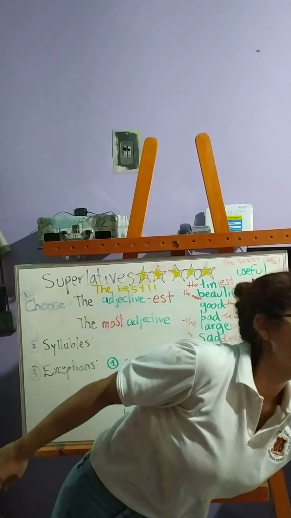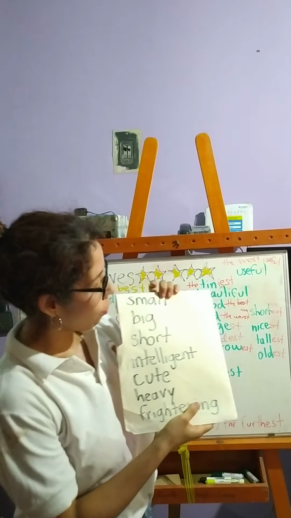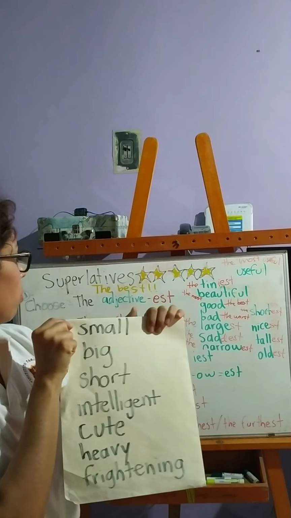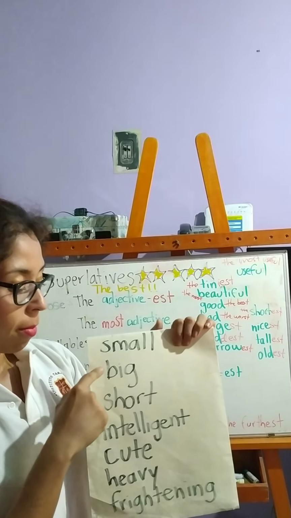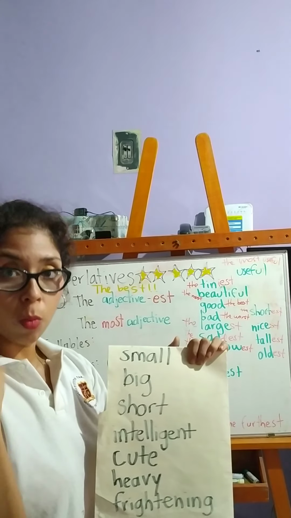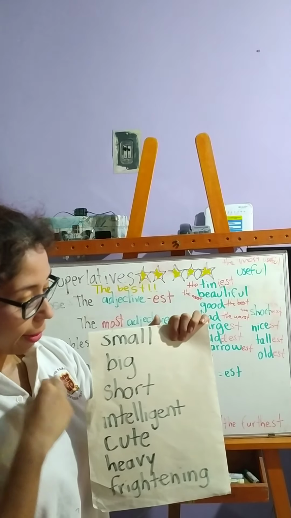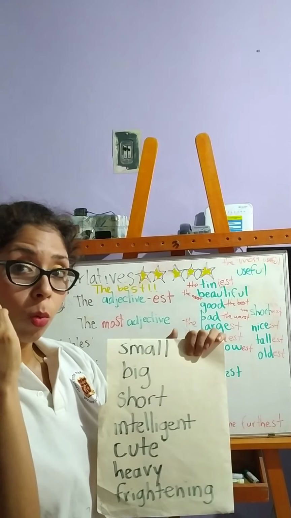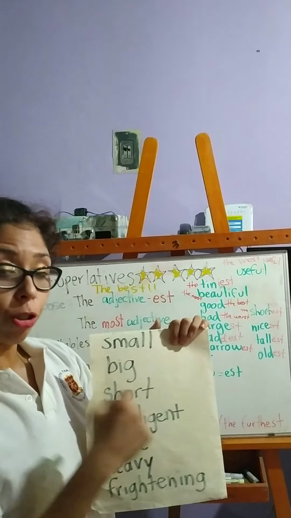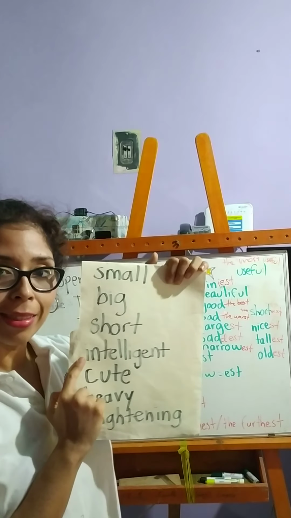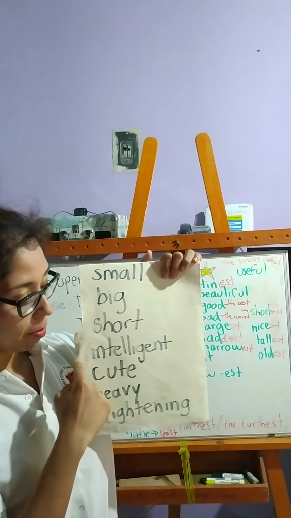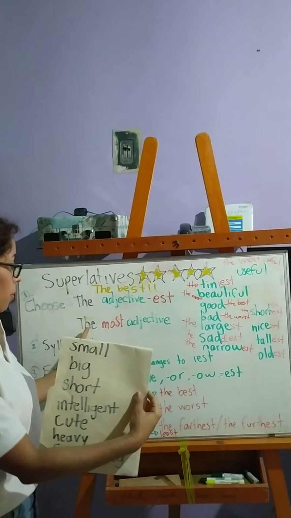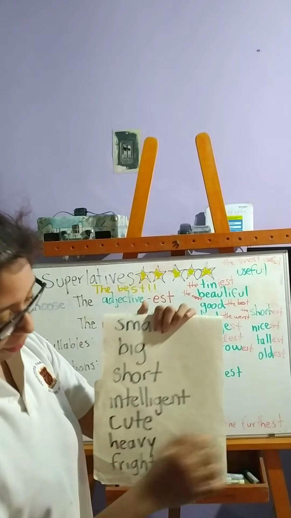Here I put some other examples. Small, only 1 syllable, the smallest. Big, only 1 syllable, the biggest. Short is only 1 syllable, the shortest. Intelligent has more than 1 syllable, the most intelligent.